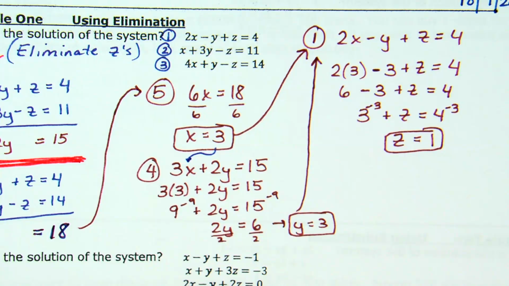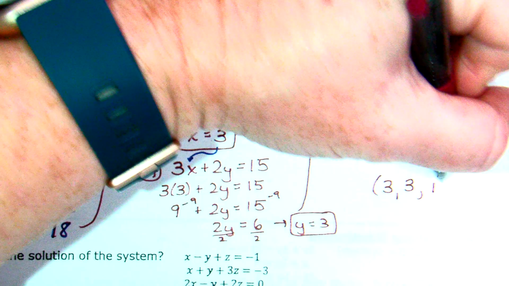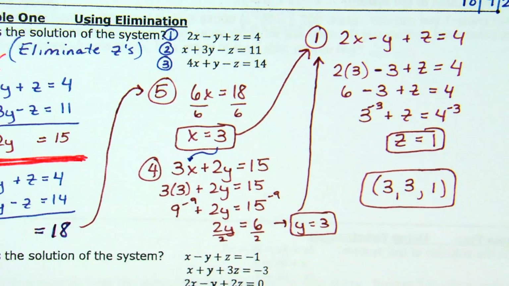So this answer is 3, 3, 1. If here's your x-axis, here's your y-axis, the z-axis is coming at you. Yeah. It's very hard to just graph on paper, so.